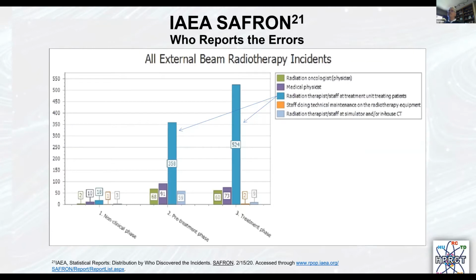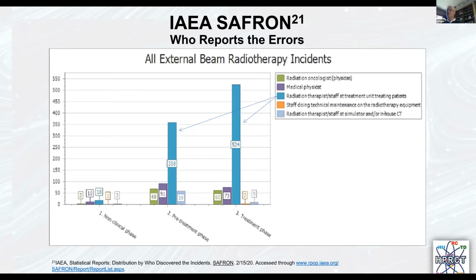In this case, the World Health Organization reports that from radiation oncology treatment incidences, the mistakes are primarily found by what they call the radiation therapist, which is your technician that operates the linear accelerator at the treatment unit. You can see the somewhat bluish bar is much higher than the next person, the medical physicist below it, and then third is your radiation oncologist.